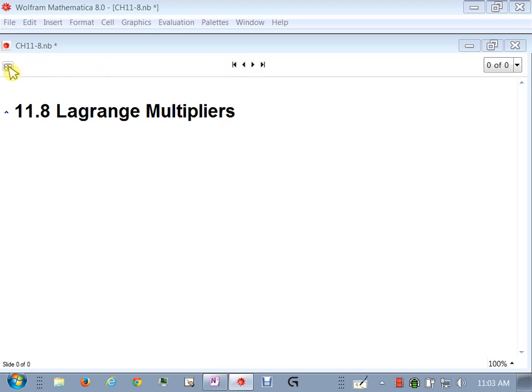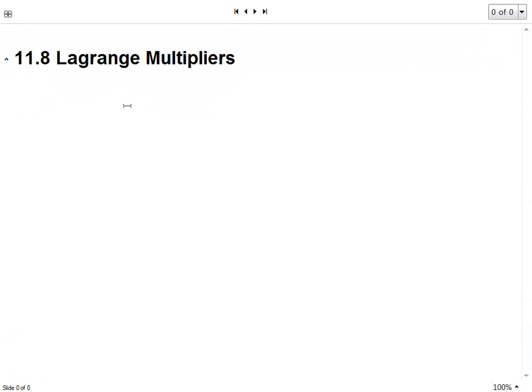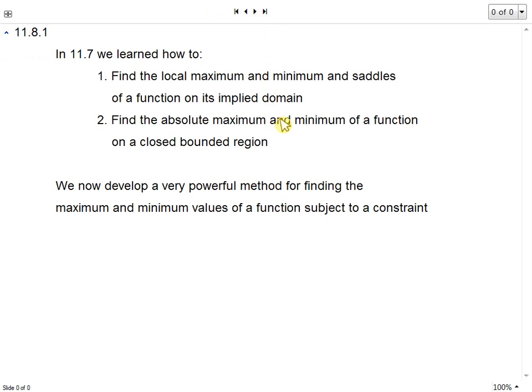All right. So 11.8, Lagrange multipliers. Here's what we've learned so far. We can find the local max, local minimums, and saddle points of a function on its implied domain. So if you don't restrict the domain of a surface, we can find where they have high and low points and then saddles.